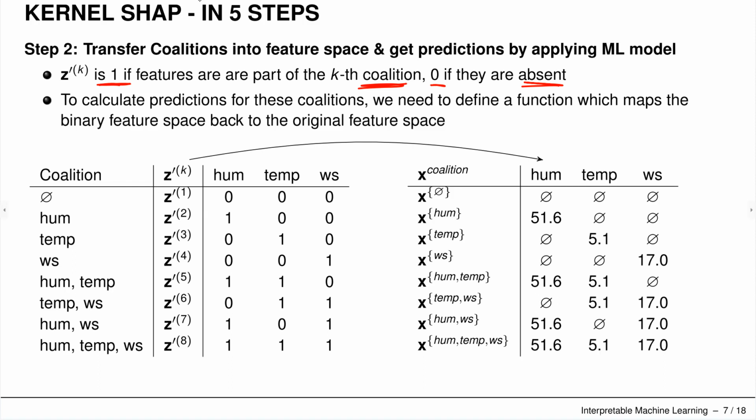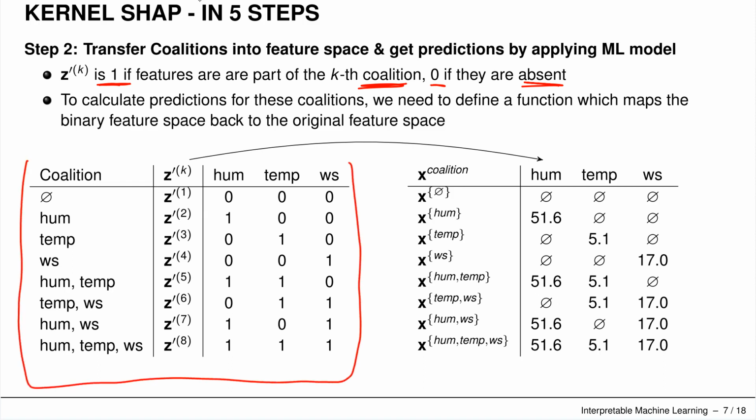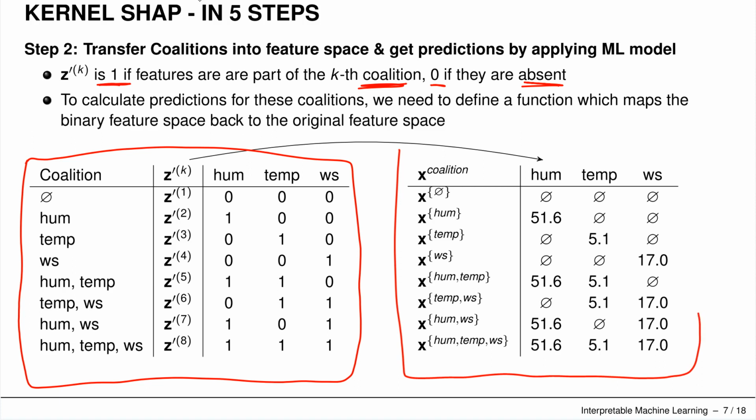So here on the left, you have our binary feature space, so our binary matrix. And on the right, we have the matrix with original feature space. And what we want to do is that always a 0 maps to not included, and a 1 maps to included, meaning that we take the original feature value for that observation.